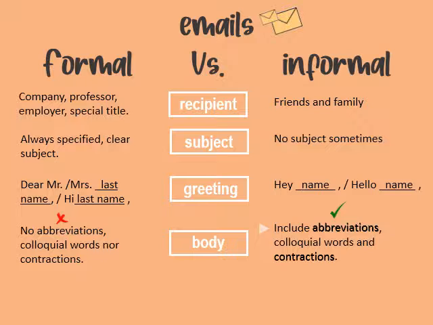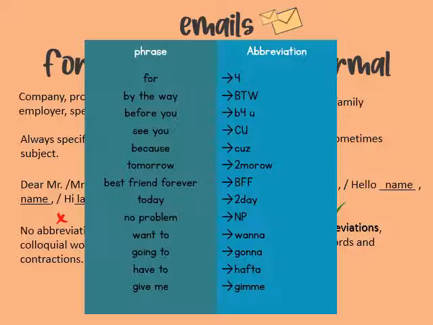For example, here you can see some abbreviations. We have here the phrase and the word, the abbreviation. For example, for can be written using a number 4.